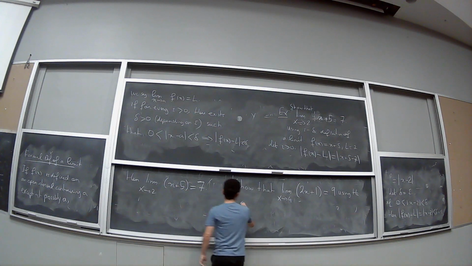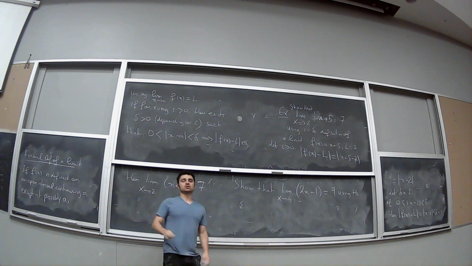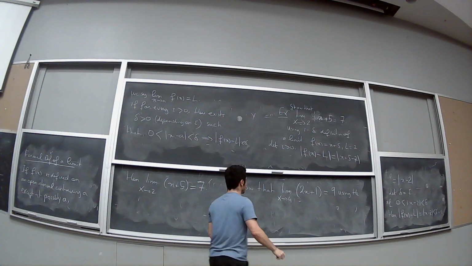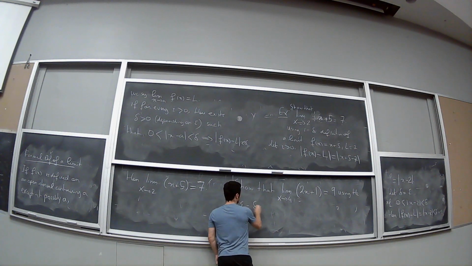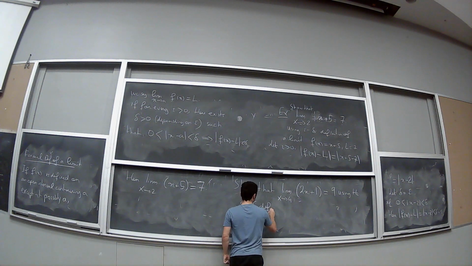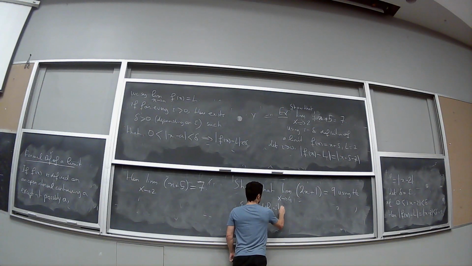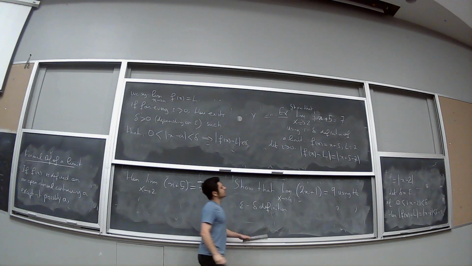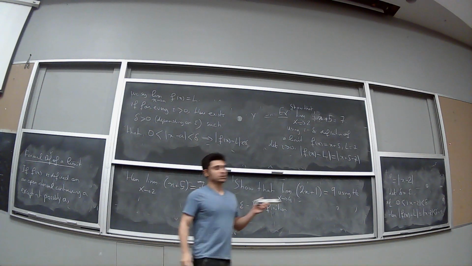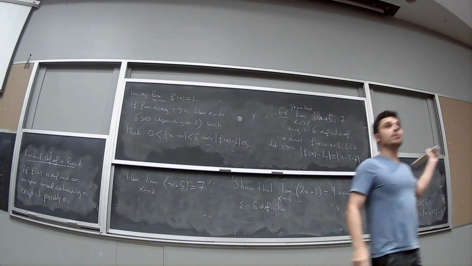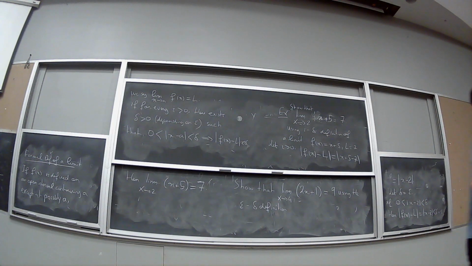Okay, let us show that the limit of 2x plus 1 as x approaches 4 is 9 using the epsilon delta definition. So I gotta make 2x plus 1 arbitrarily close to what number? To 9 by making x sufficiently close to but not equal to 4.